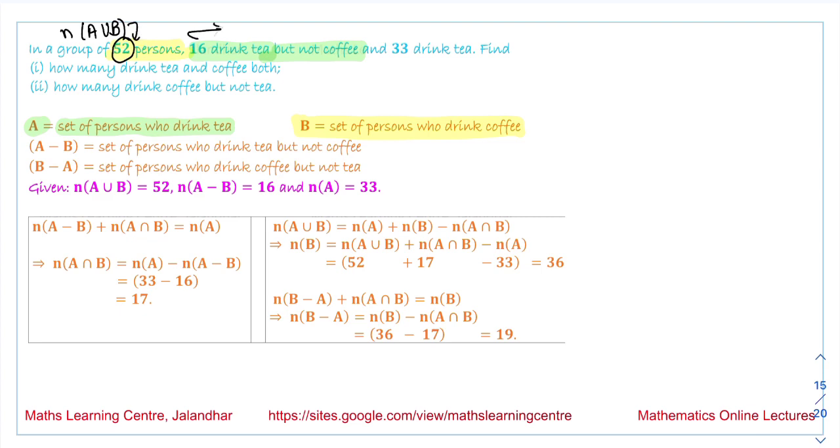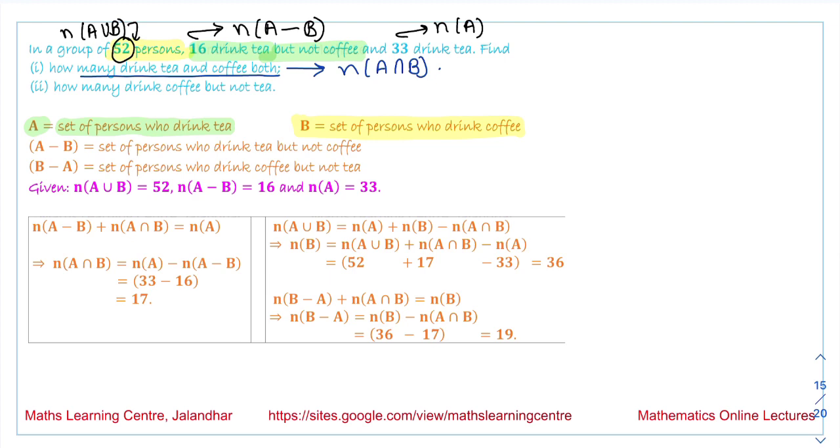This 16 is for the persons who drink tea but not coffee, and 33 is those who drink tea, so the number of elements of A is 33. We have to calculate how many drink both tea and coffee, which means we have to calculate n of A intersection B.